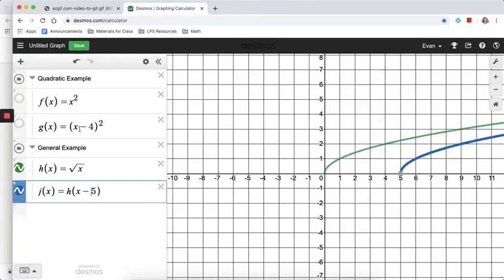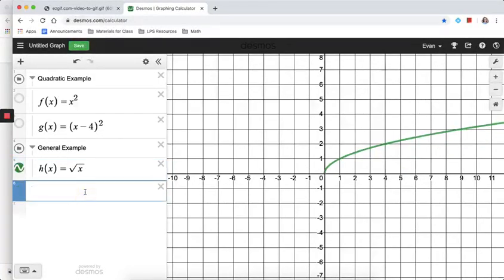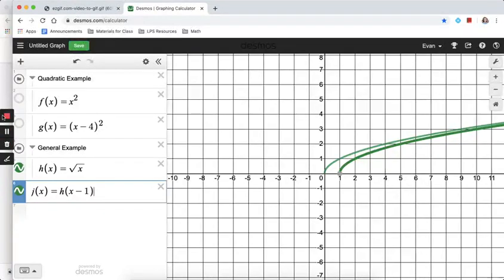So notice our changes here go into the inputs inside the parentheses or inside the square root symbol, but always inside that grouping symbol. And they have maybe the opposite sign or the opposite direction that you might expect. That's why that works.